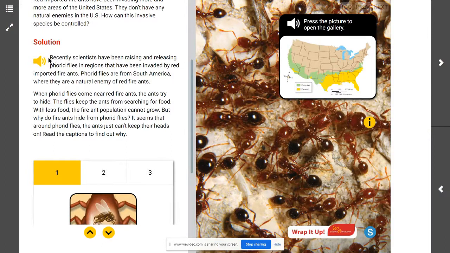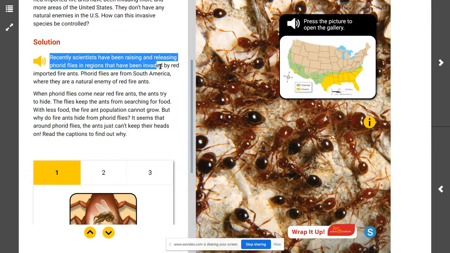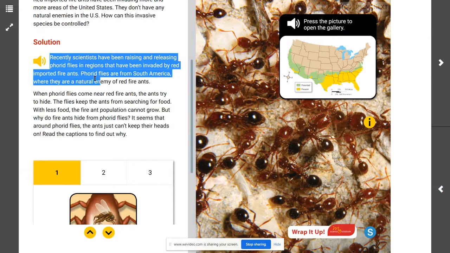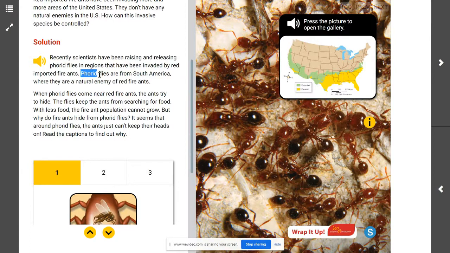Recently, scientists have been raising and releasing phorid flies in regions of the United States that have been invaded by the red imported fire ants. Phorid flies are flies from South America, where they are a natural enemy of the red fire ants.